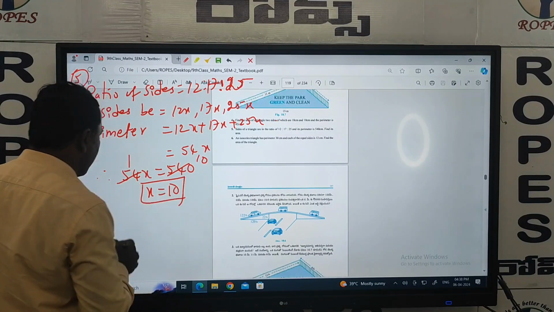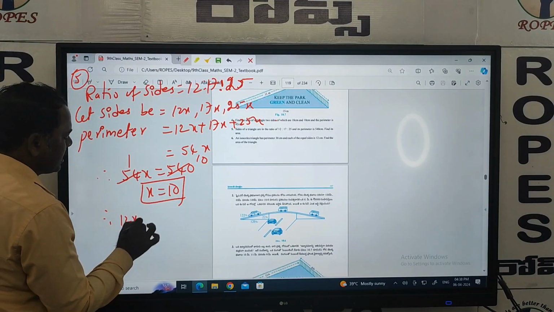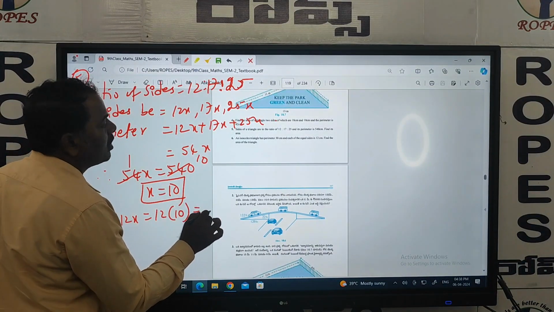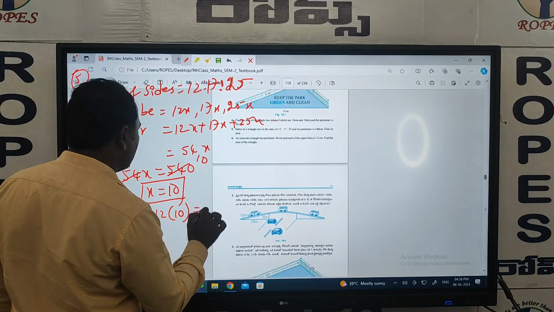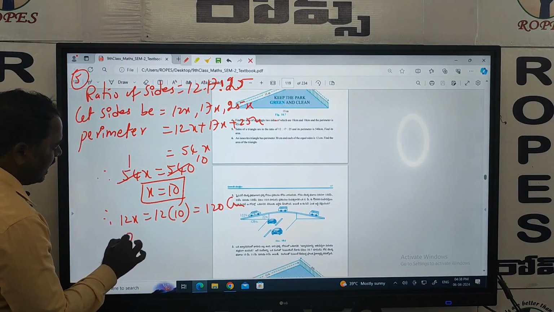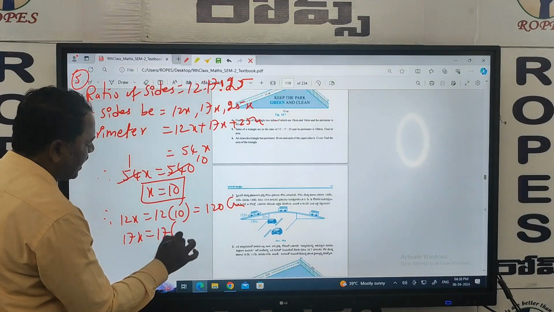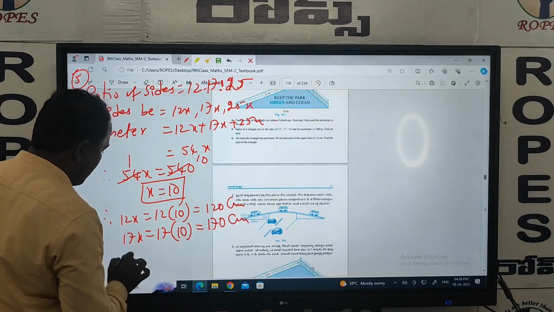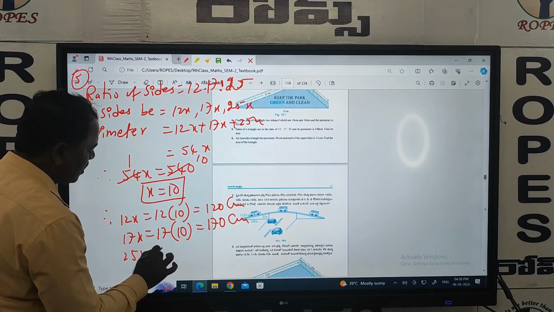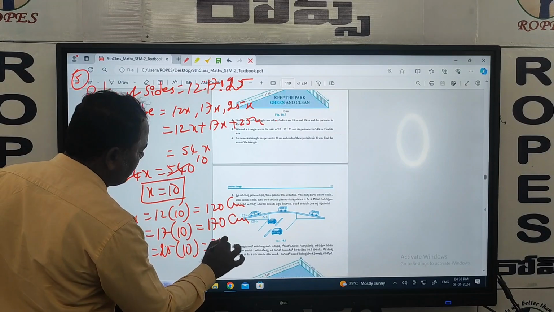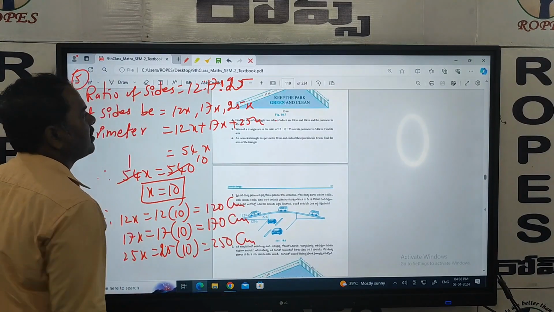Then 12x is 12 into 10, that is 120 centimeters, 17x is 17 into 10, that is 170 centimeters, and 25x is 25 into 10, that is 250 centimeters.